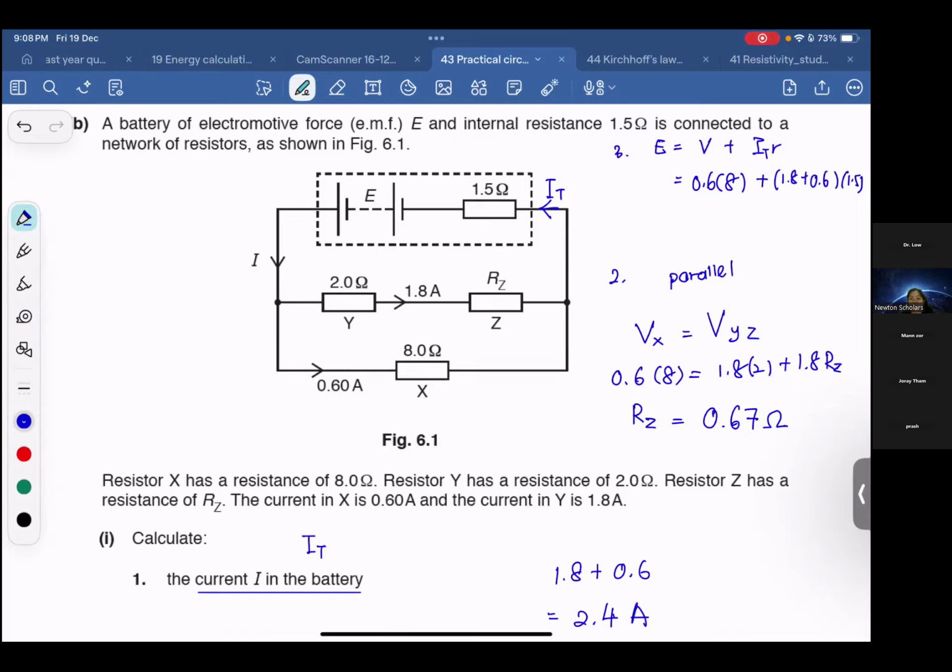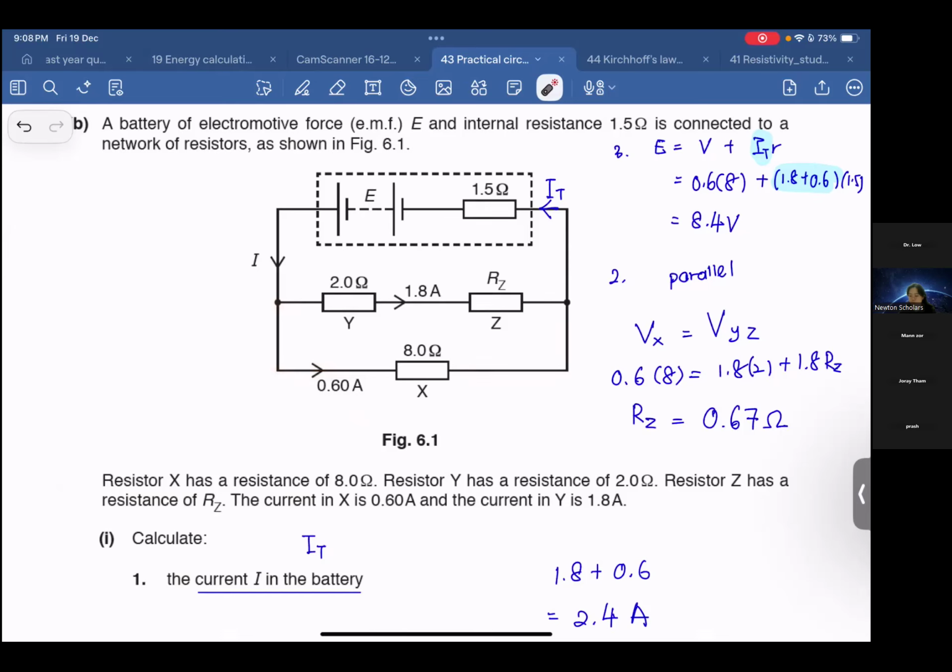Okay, let me check. Manjo. Correct. If you do it correctly, 8.4 volt. Is that clear? 8.4 volt. Here I want to emphasize the current flowing through the internal resistor is the total current. Voltage across the component, actually I just need to count either one.